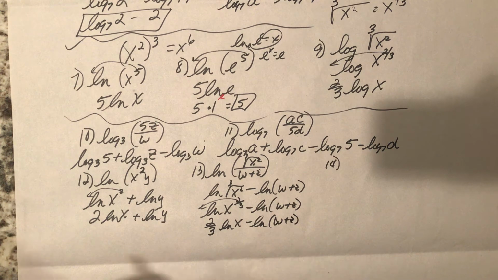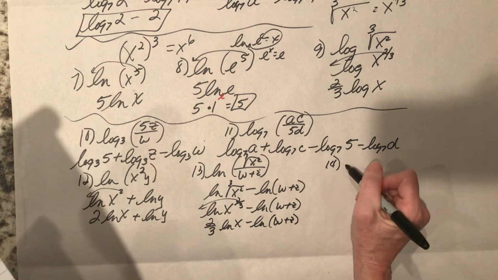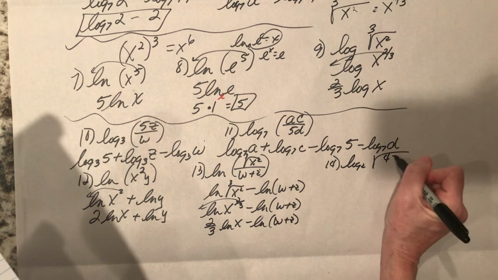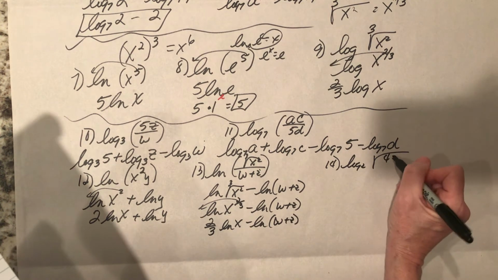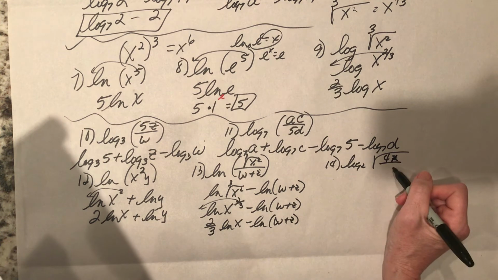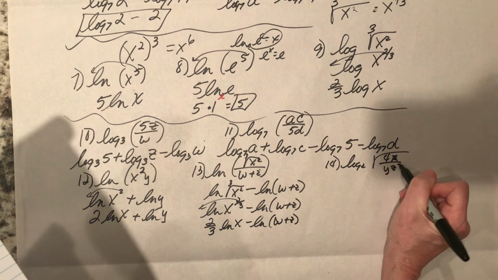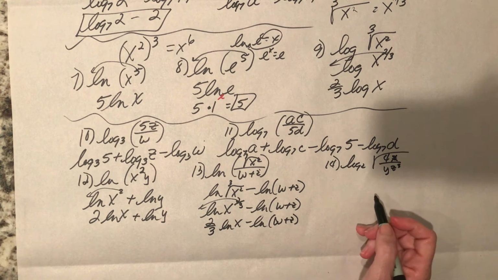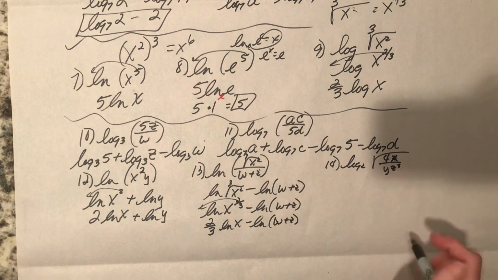Number 14. Let's see, we're looking at log base 2 of the square root of 4x over yz to the 3rd power. Okay, let's see what we're going to do here. Let's take this radical and get rid of that radical.